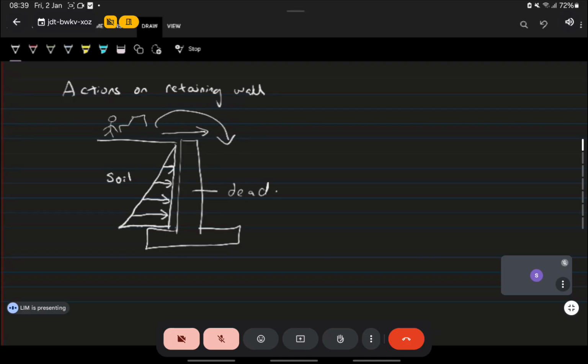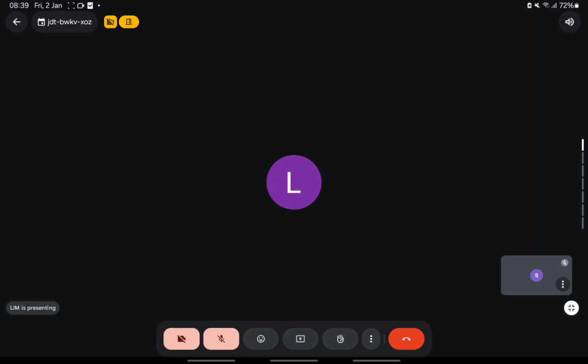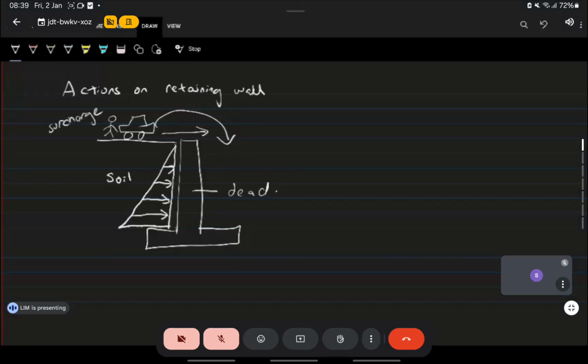I can drive my car and park here. Correct? Yeah. Okay. So surcharge. What are the loading?